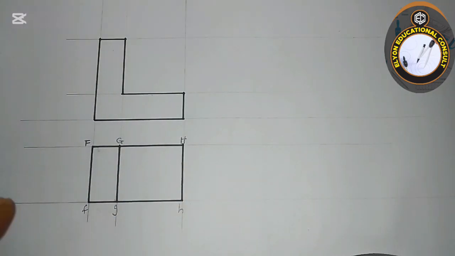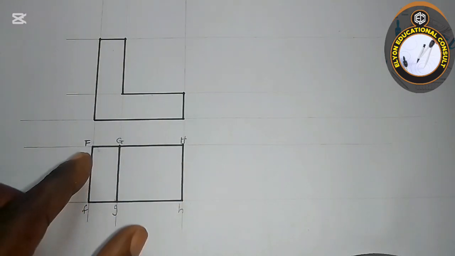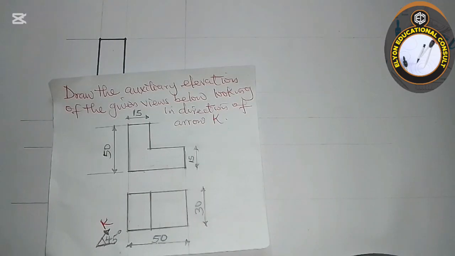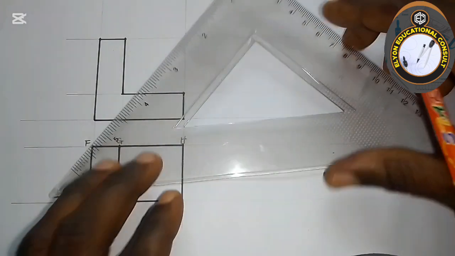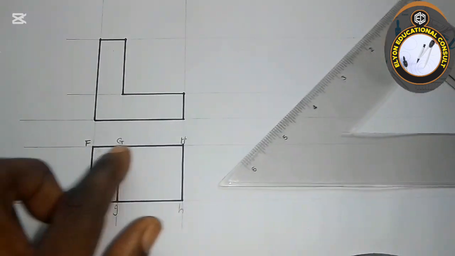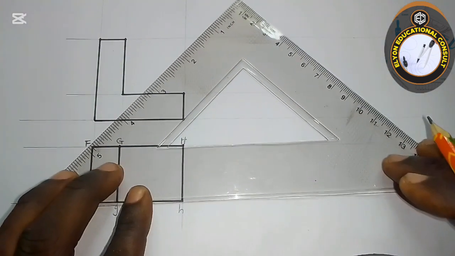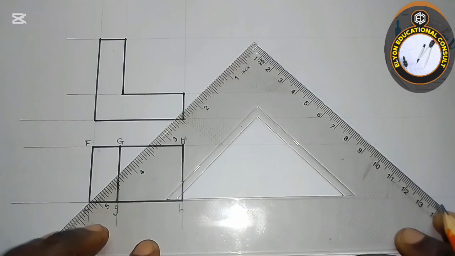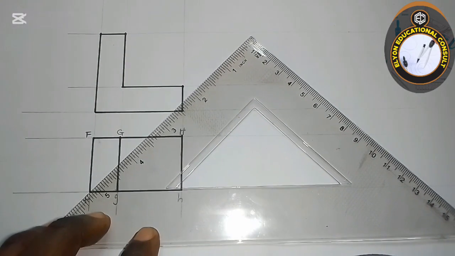Now I'm going to be projecting at angle 45 because that is the angle given to us. Please do not project at any other angle except the angle given to you. This angle 45, I'm going to place it here to touch each of the edges. If I start with the one down, let me adjust this a little.